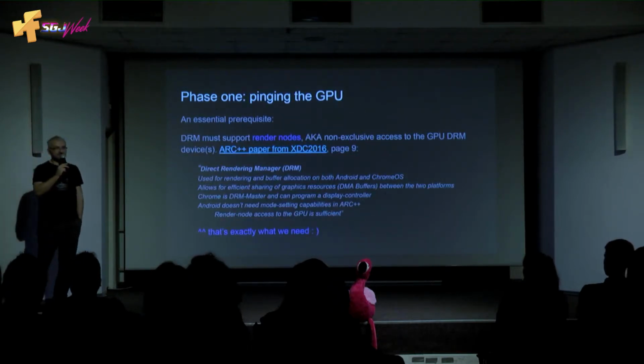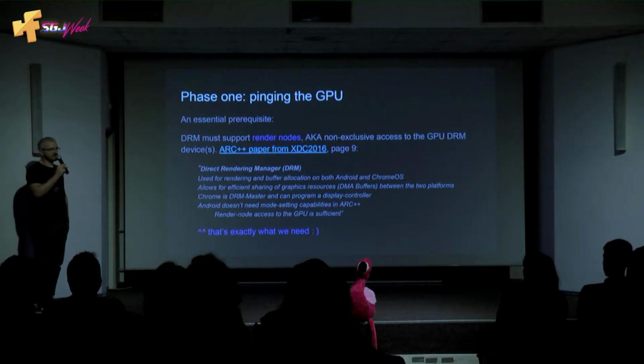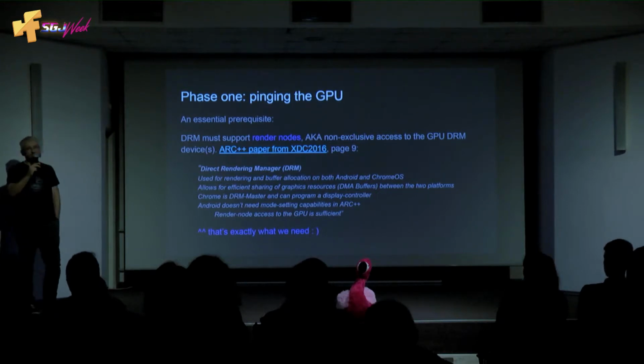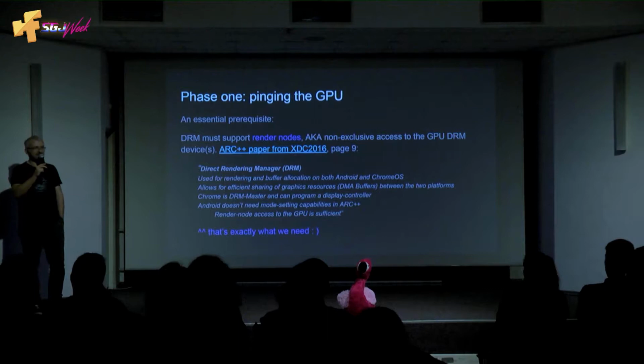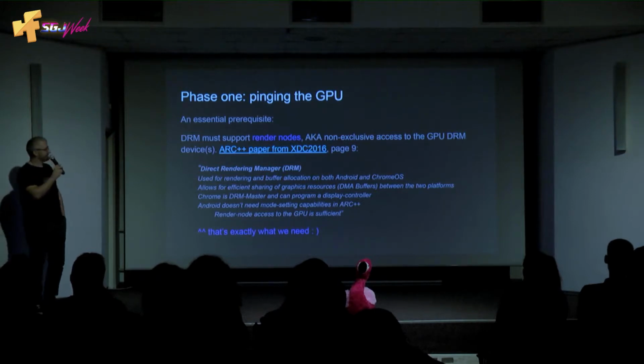Now, before we even attempt to do anything with OpenGL on Chrome OS, we have to make sure that the DRM layer in the kernel supports one piece of functionality that is crucial to our purposes, and this is render nodes. So render nodes in DRM lingo means that an application can have non-exclusive access to the device that corresponds to the GPU.